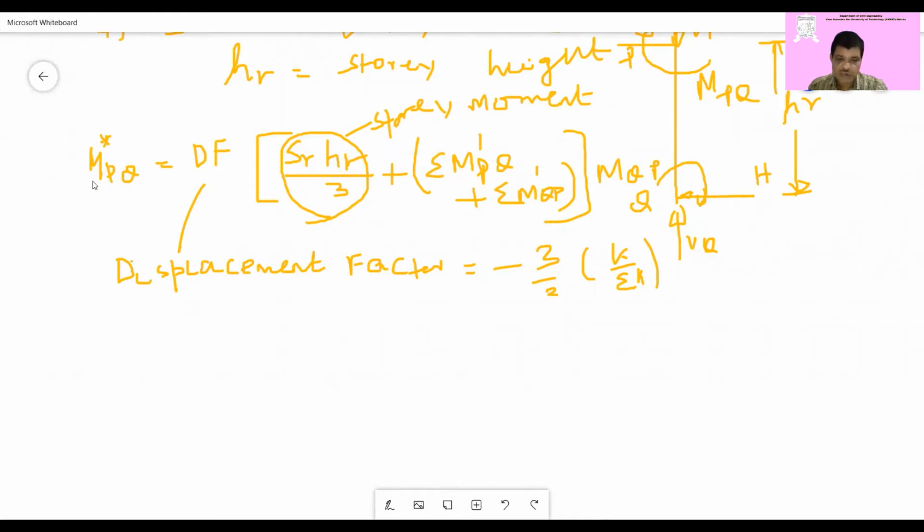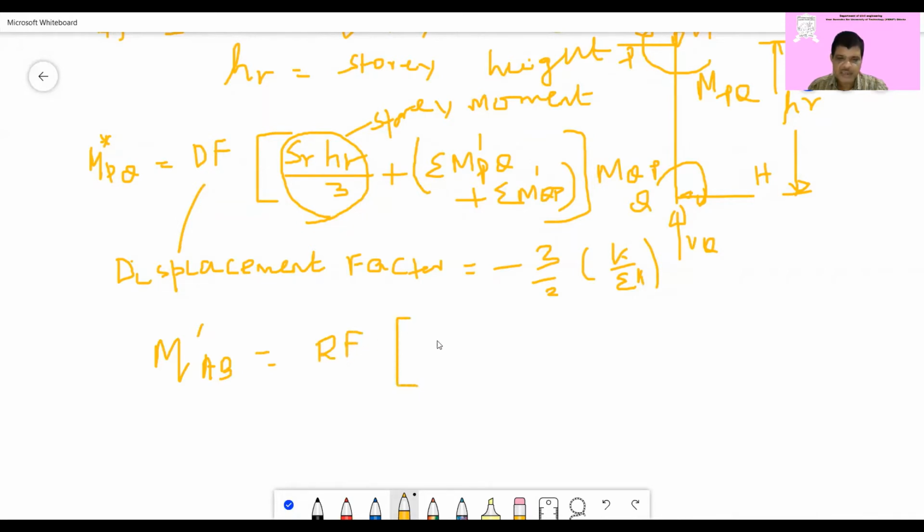Now what is M dash AB? I can write M dash AB for any member AB, or PQ, as the rotation factor multiplied by the fixed end moment of that end, plus sigma M dash BA plus the displacement contribution M dash PQ star.